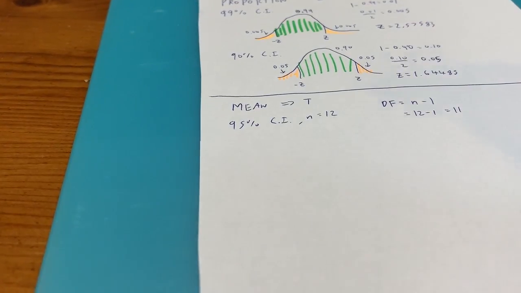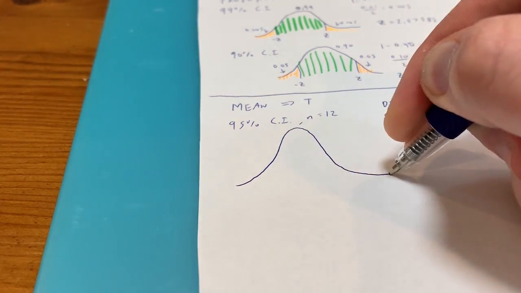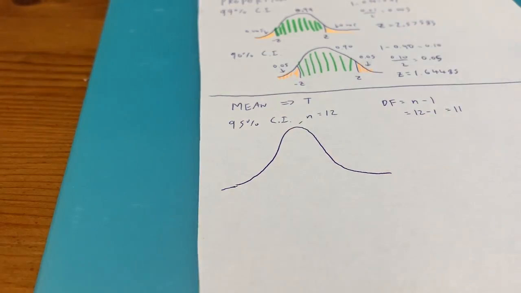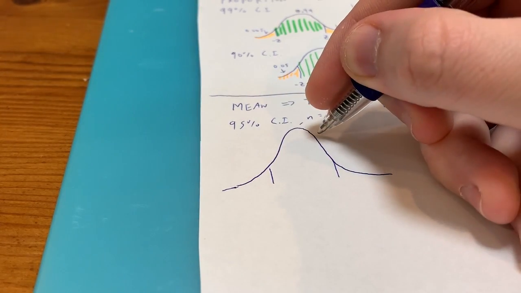So now, we are going to draw the t-curve, which looks very similar to a normal curve, but as I was saying earlier, it tends to be a bit more peaked, meaning the middle comes up a little bit higher, but it's still symmetric. And the area under the curve total is still 100%, or 1, so we can still use our same techniques. So with 95%, remember we've got 0.95 in the middle.